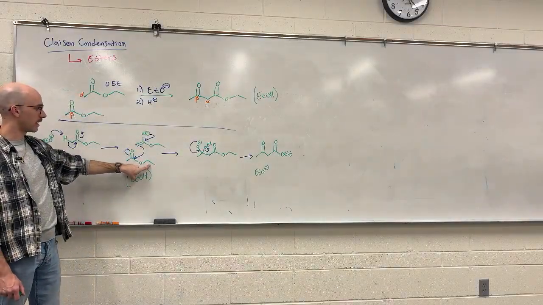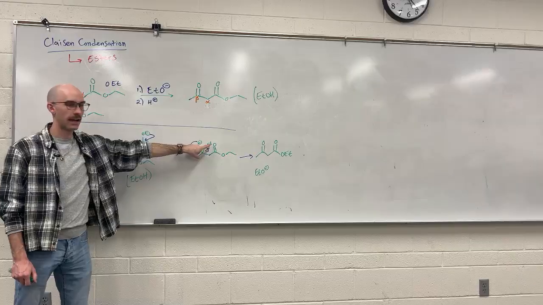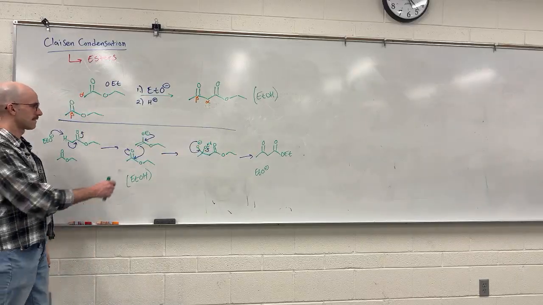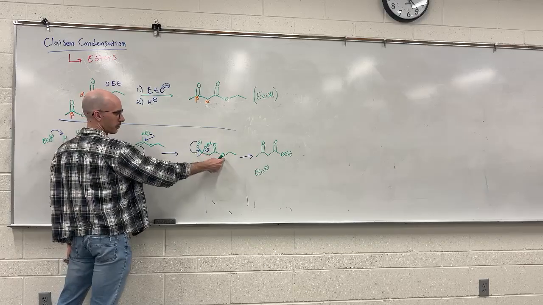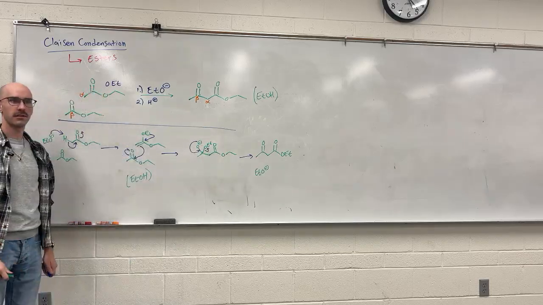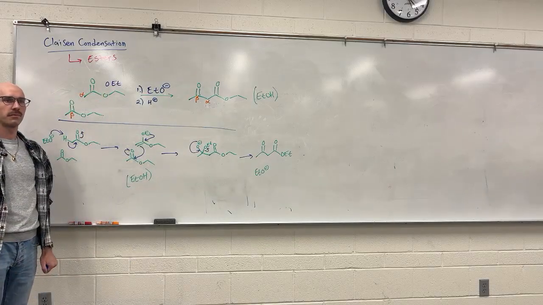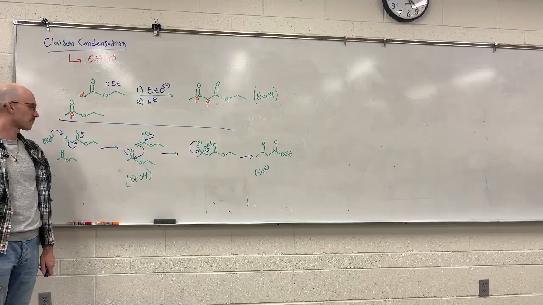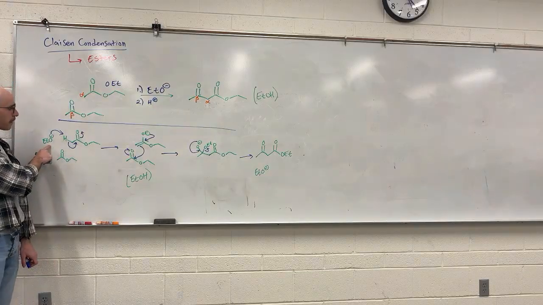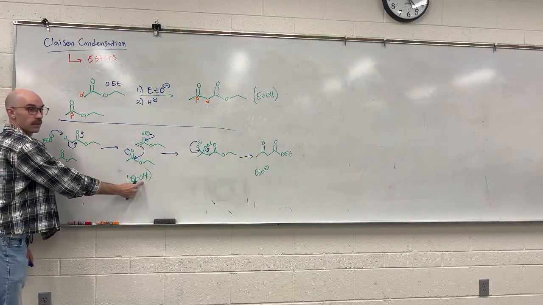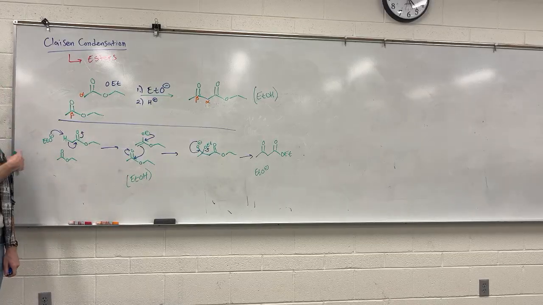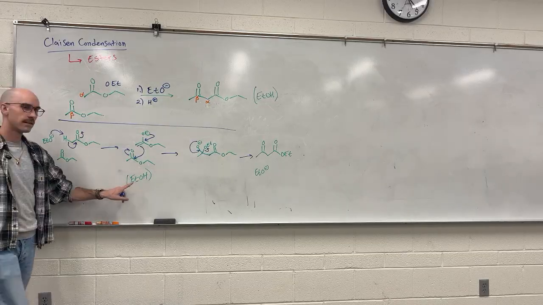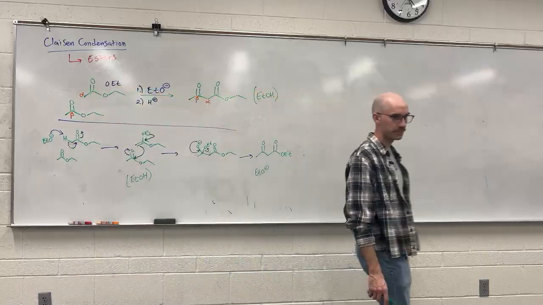And O to ethyl is O to ethyl. 1, 2, 3, 4 oxygens. 1, 2, 3, 4 oxygens. Okay. But then in the start we have 5 oxygens. I have ethoxide, yes. Oh, I see, okay. I forgot to show that when I ran through it the first time. So that is the condensation product forming.